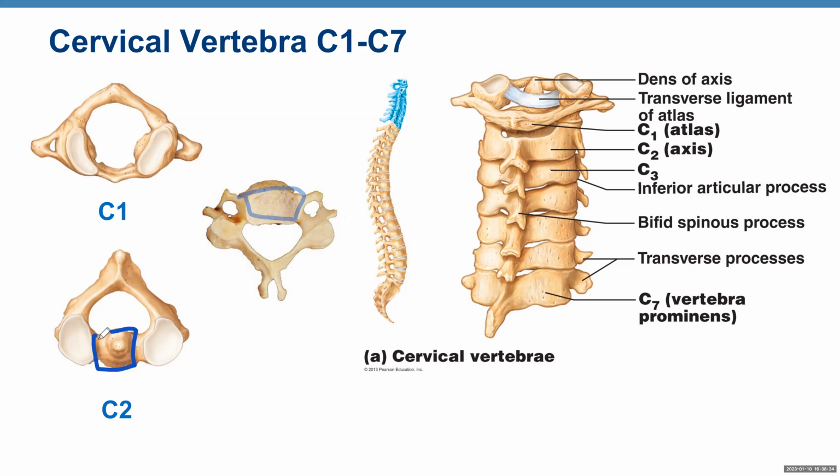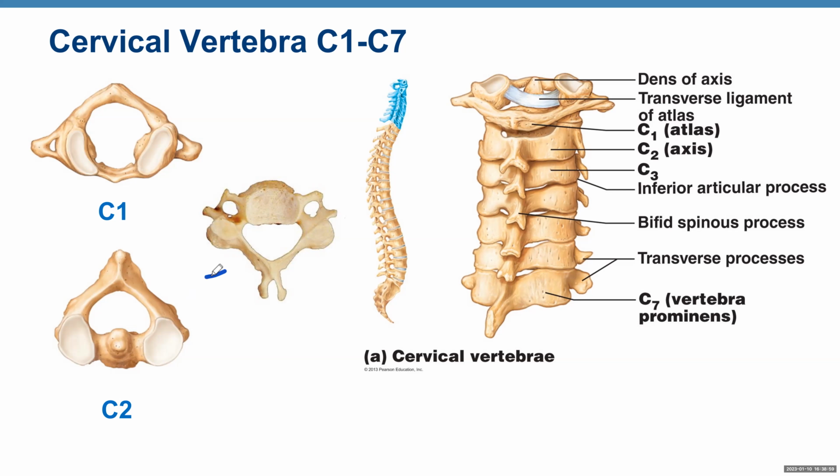Here's the body of a vertebra, and every vertebra except C1 will have a body. C2 has a structure on top called the dens. Another name for C1 is atlas, and C2 is axis.